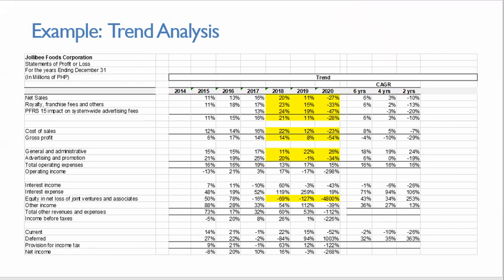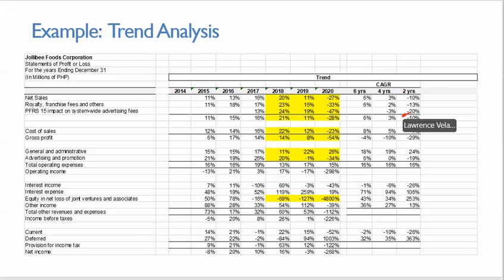Okay? If you look at general and admin, nag-increase pa by 26%. Right? If you look at advertising, nag-reduce ng 34%. So, it shows you whatever was their strategy for 2020. Preserve cash by reducing advertising. The increase in G&A, what you can do is you can investigate. Nag-increase ang G&A. Why? You can look at it in the notes to the financial statements, right?